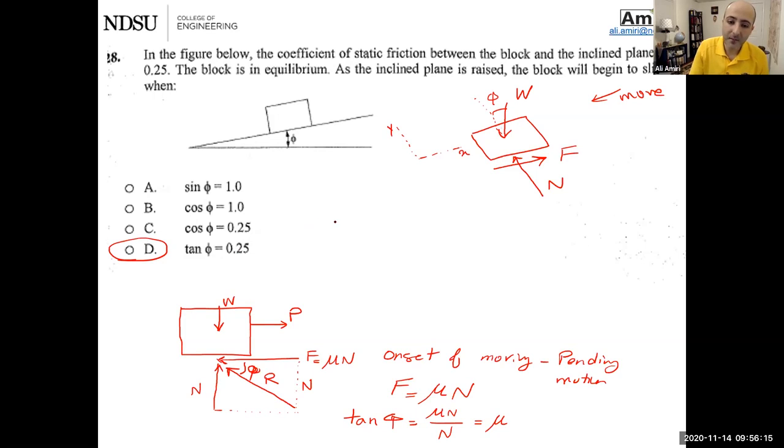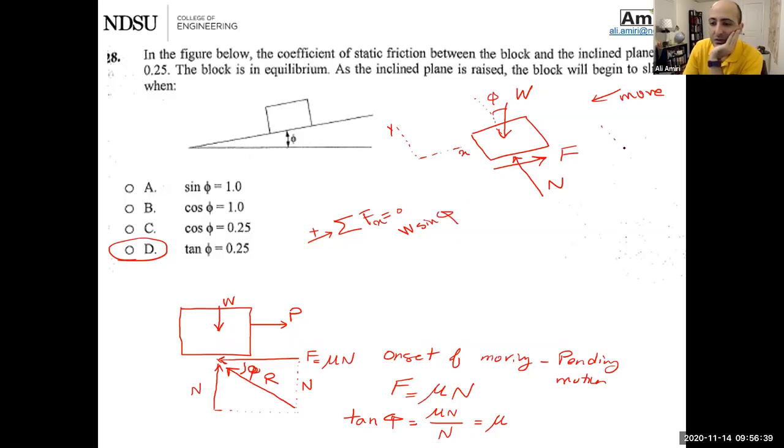Let me write summation of forces in the X direction equals 0 for equilibrium. Anything that is pointing with that angle in that X is going to be 0. I'm rotating my axis, okay? All I have is a W sine theta, or sine phi.